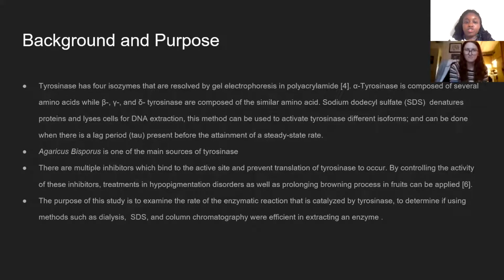This is done by controlling their activities, and it can help in the treatment of hypopigmentation disorders and also prolong the browning process in fruit. The purpose of the study is to examine the rates of the enzymatic reaction catalyzed by tyrosinase, and to determine if the methods that we used, such as dialysis, SDS, and column chromatography, were efficient in extracting the enzyme tyrosinase.